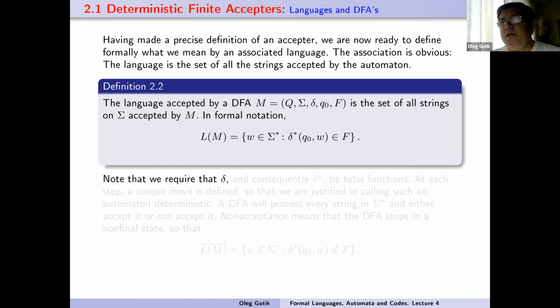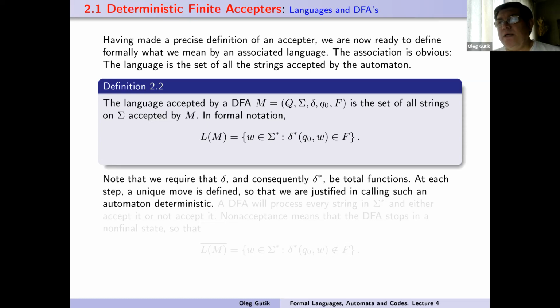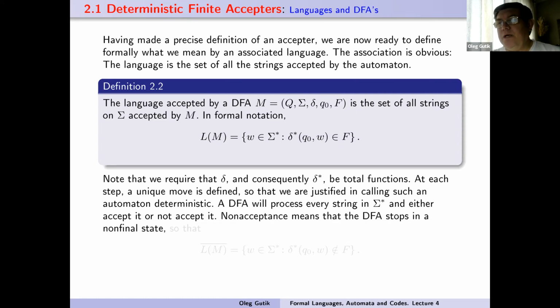We know that the definition requires that the transition function delta, and consequently the transition function delta star, will be a total function. At each step, a unique move is defined, so we are justified in calling such an automaton deterministic. A deterministic finite acceptor will process every string in sigma star and either accept or not accept it.